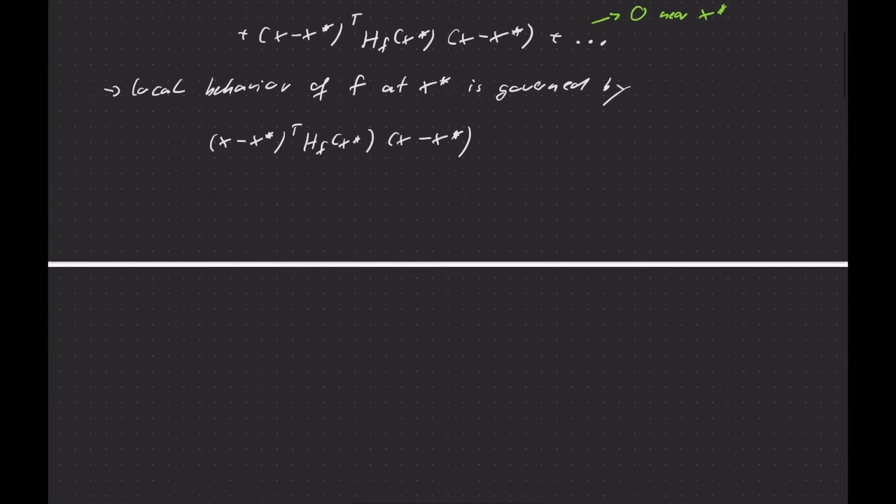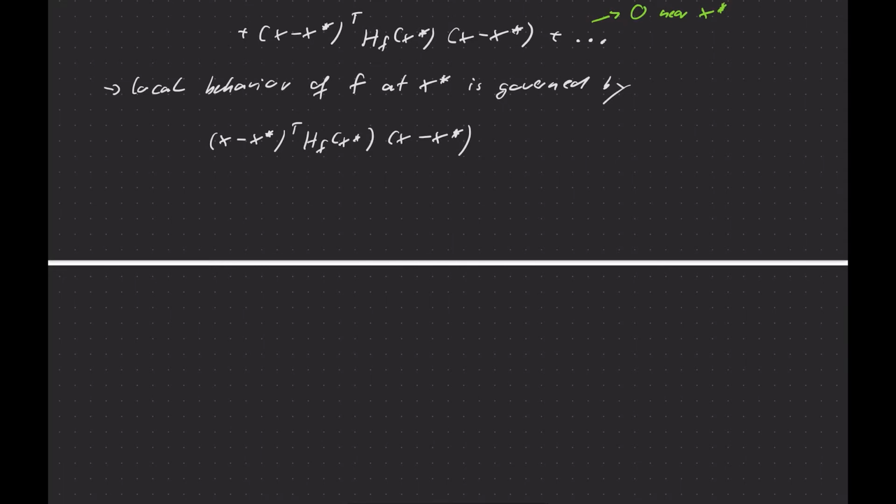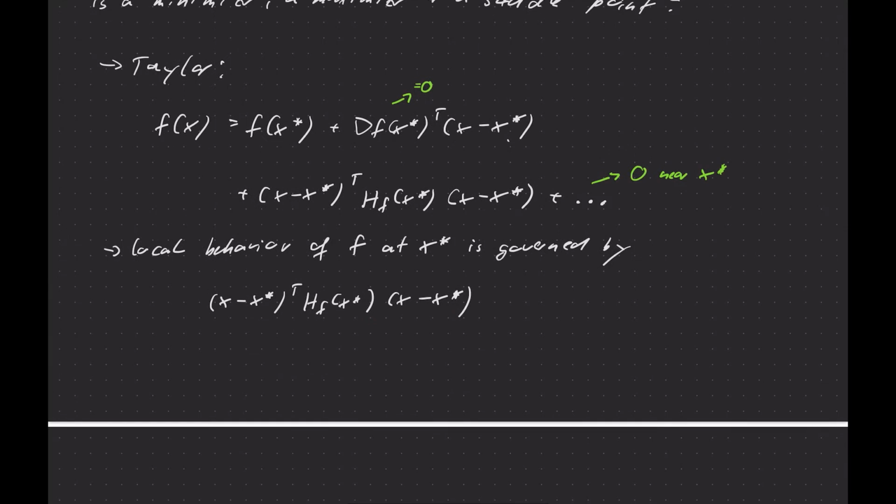So, well, what can we say then? If we have an x that is close to x star, close enough, then x star is a minimizer if for all of these close x values, this expression here is greater or equal to 0, because if that is greater or equal to 0, then the function value at x will be f of x star plus something positive, plus something that is close to 0.